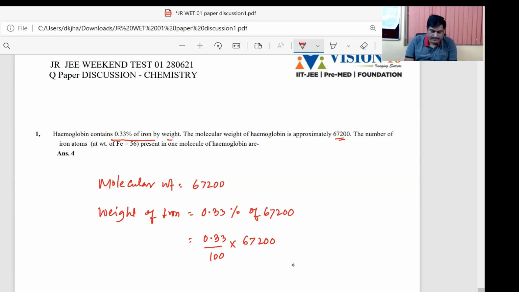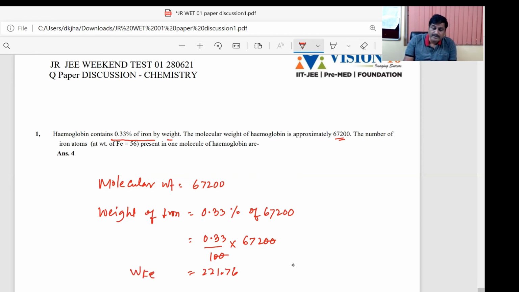How much is it? Just do this calculation here. The zeros cancel, so basically this is 0.33 into 672, right? It comes to 221.76. This one is the weight of iron.